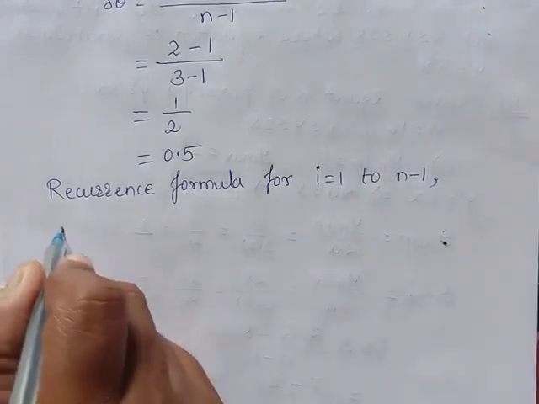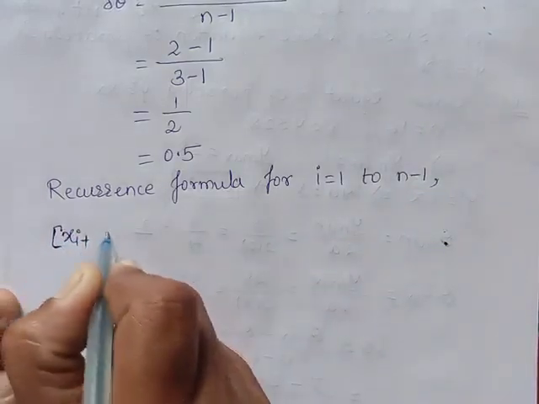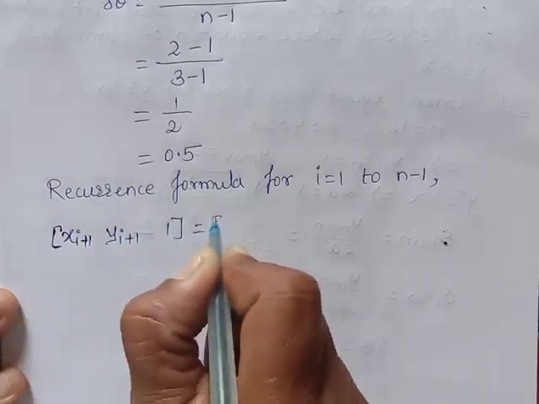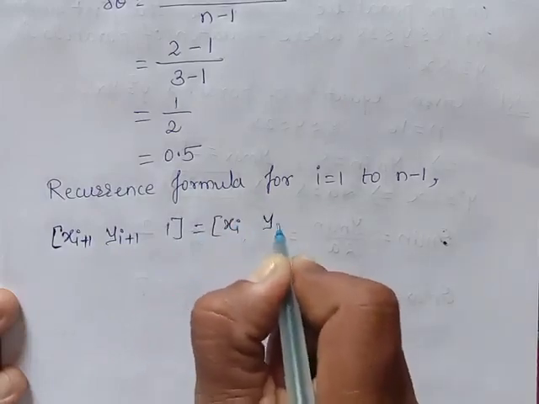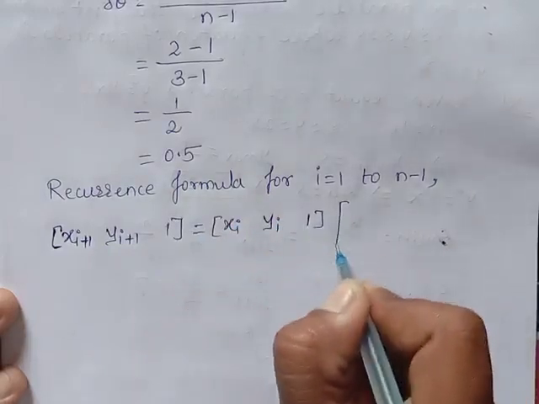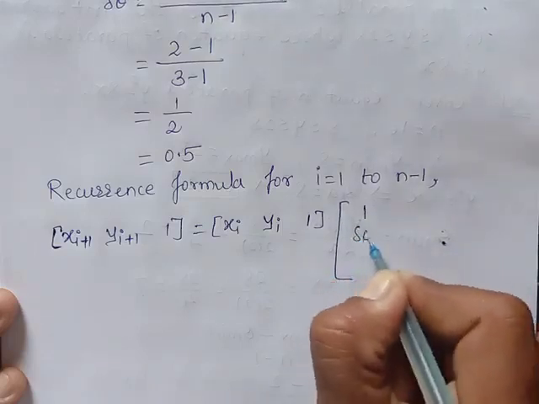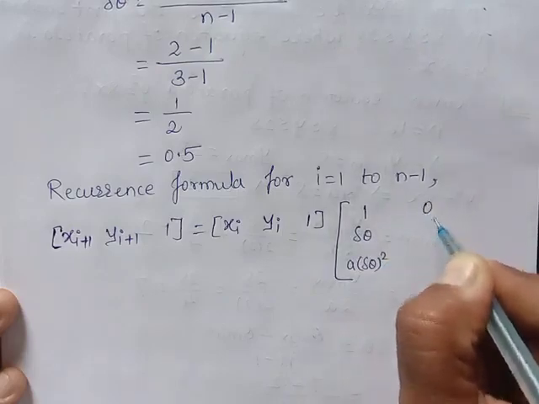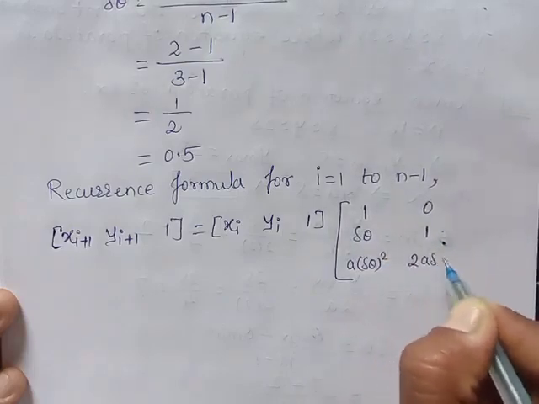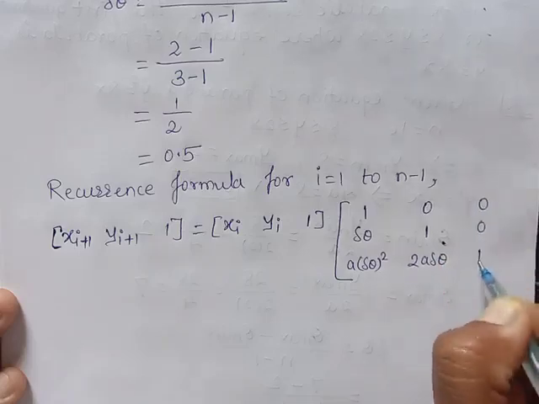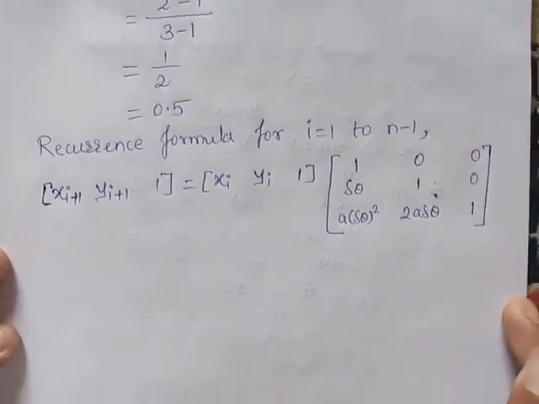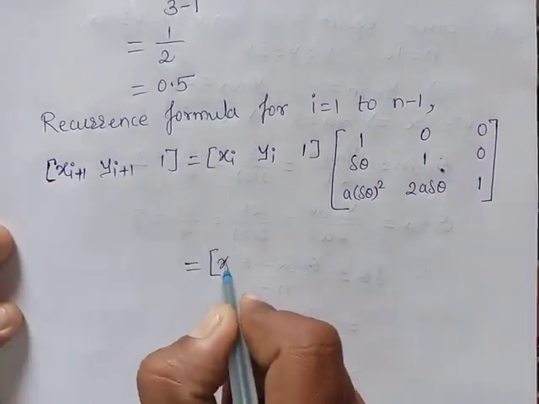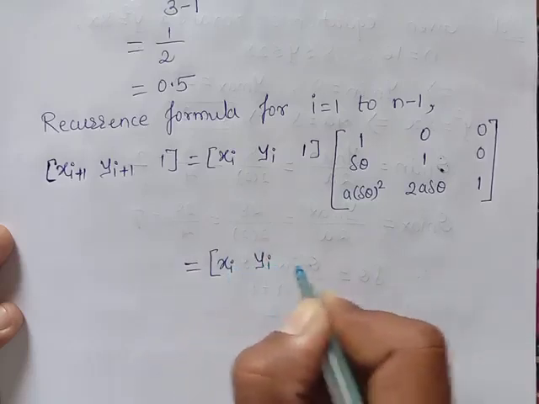It is [x(i+1), y(i+1), 1] equal to what? [xi, yi, 1], and this matrix we have written: [1, delta theta, a delta theta square; 0, 1, 2a delta theta; 0, 0, 1], right?